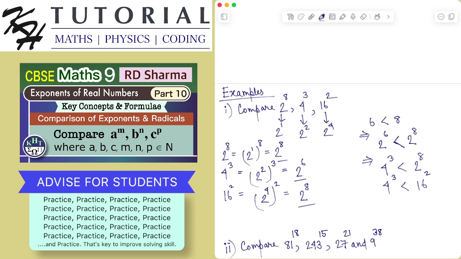So if we arrange the given numbers in ascending order, it will be 4 to the power 3, 2 to the power 8, 16 squared. So the given numbers in ascending order will be 4 cubed, 2 to the power 8 and 16 squared.